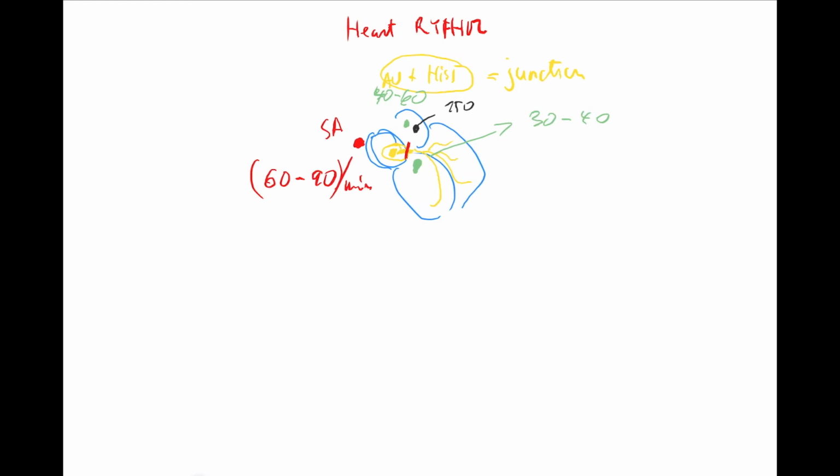Okay, so basically, if some really crazy frequency would be here, like 300, this would discharge the atria. The ventricles will be protected by this thanks to the AV node cells, which are not able to discharge so fast. Okay?